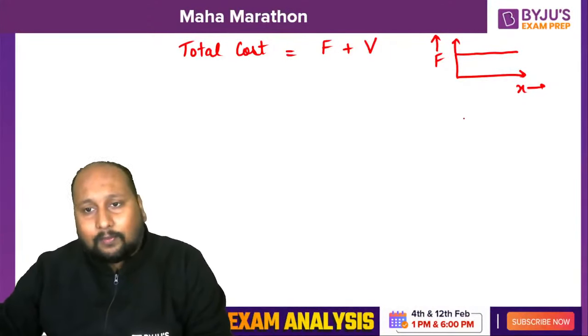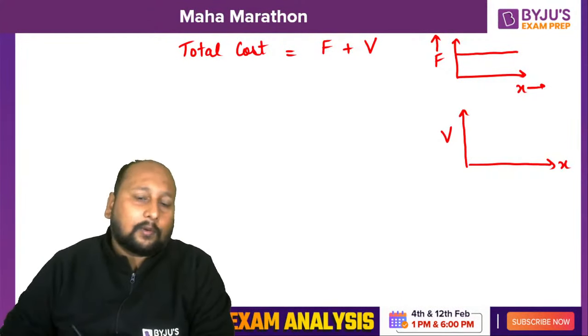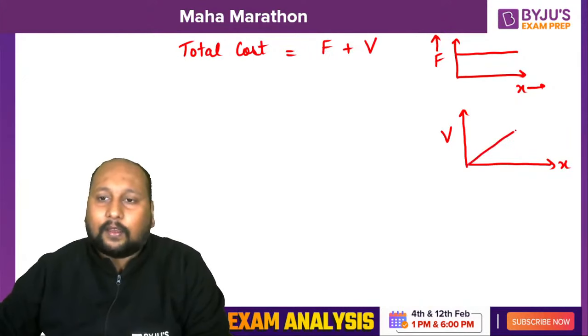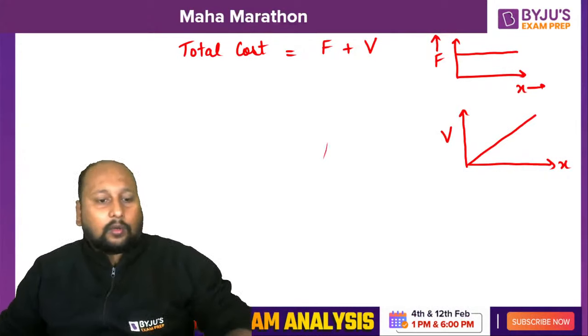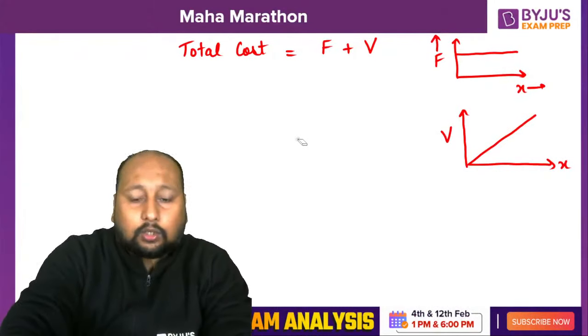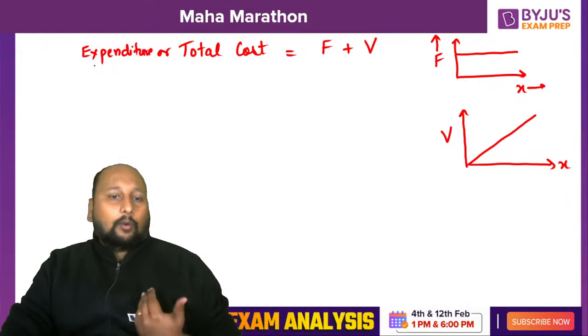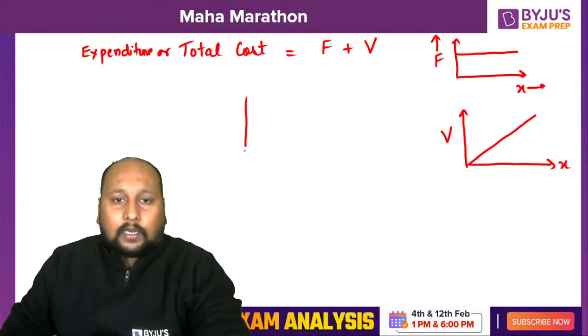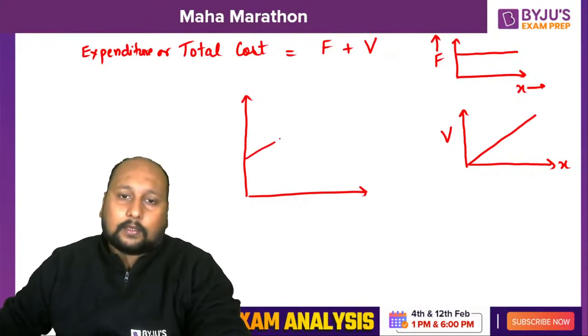If I talk about variable cost, it will always follow a linear approximation, so it will be a line like this. If I try to club these two, the total cost or total expenditure, meaning the total cost that I need to bear, and plot them in a single graph, it will look like this.